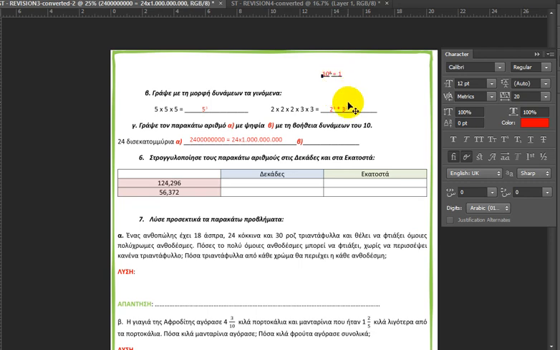So if it's the 6th power, it's going to be 1, 2, 3, 4, 5, 6 zeros. So that's a million, right? If it's 10 to the 7th, it's going to be 7 zeros. If it's 10 to the 8th, it's going to be 8 zeros. Here, because it has 9 zeros, that's basically like saying 10 to the power of the 9th. So 24 billion is equal to 24 times 10 to the power of 9.